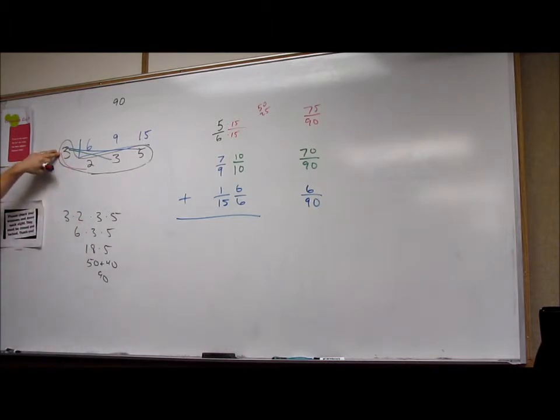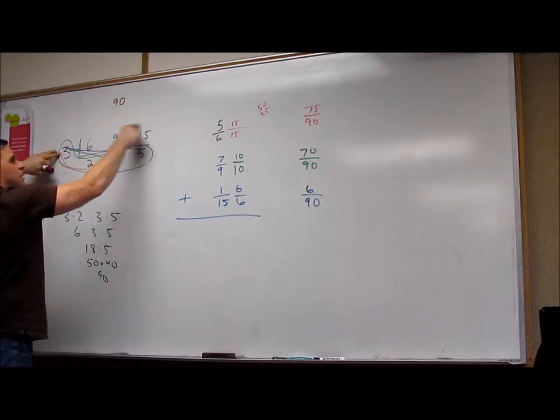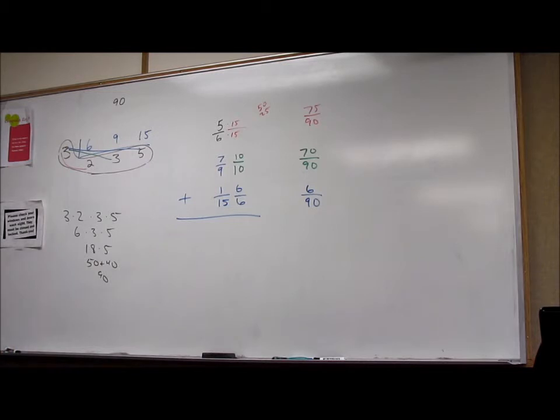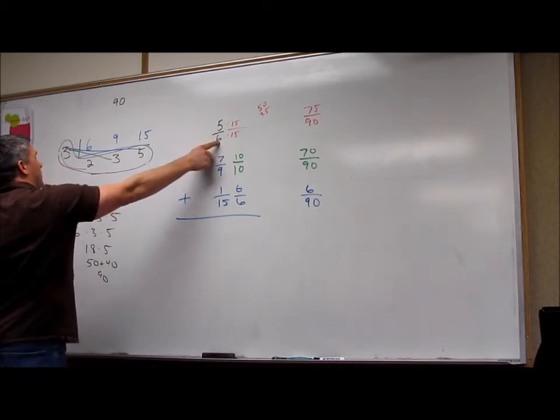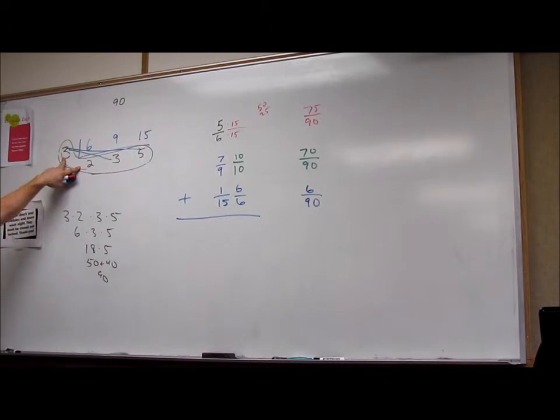That tells you the lowest number that all these numbers go into. Then I'm able to manipulate each one of these numbers by multiplying it by the other numbers that are left in the LCM. Think about it.